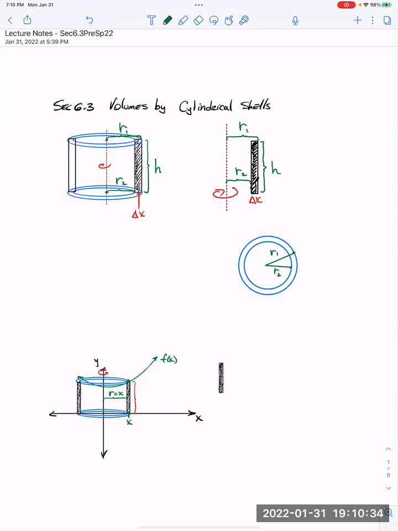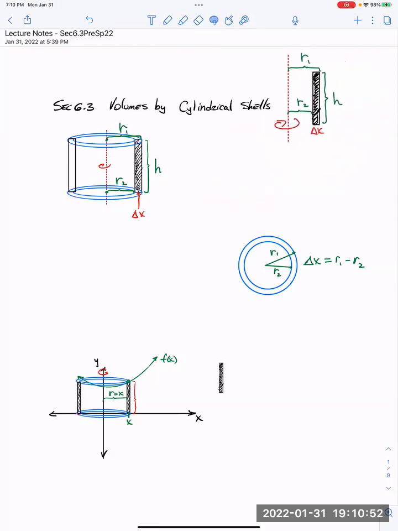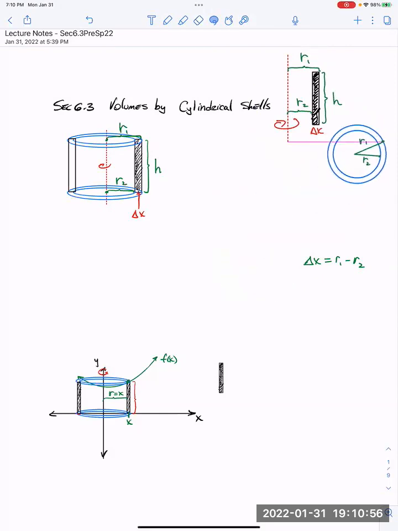And you can see here that delta x then would equal R1 minus R2. So I'm going to move these pictures out of the way now. We have this over here, and then we'll put this circle over here, and we'll put this right here.